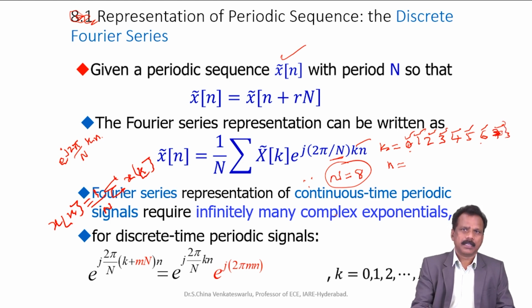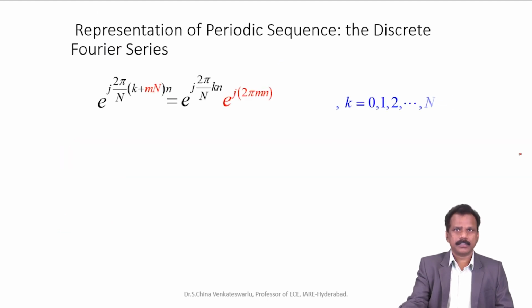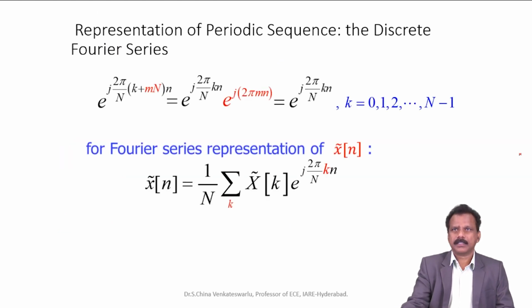So we substitute k equal to 0, 1, 2 up to capital N minus 1. These are the representation of the periodic sequence.